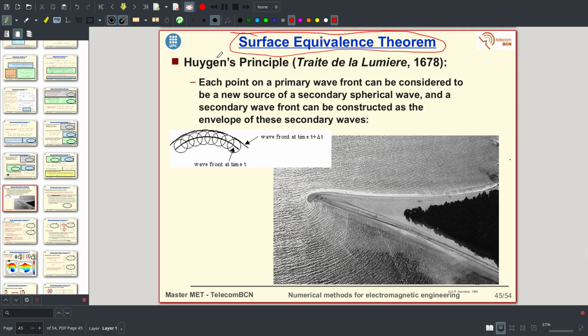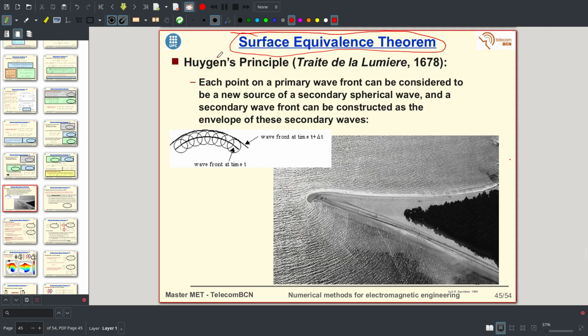It involves only surface integrals and not volume integrals, which are much faster to compute, and therefore the numerical methods that we obtain from the surface equivalence theorem are much more efficient than numerical methods obtained from the volume equivalence theorem. So the surface equivalence theorem formulation will be the most important for us.